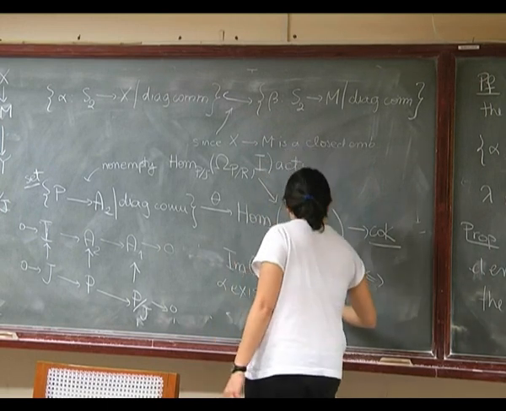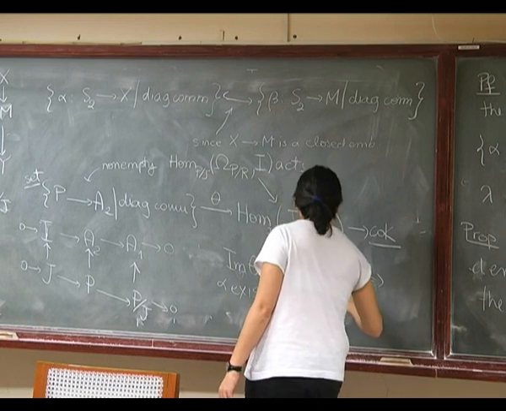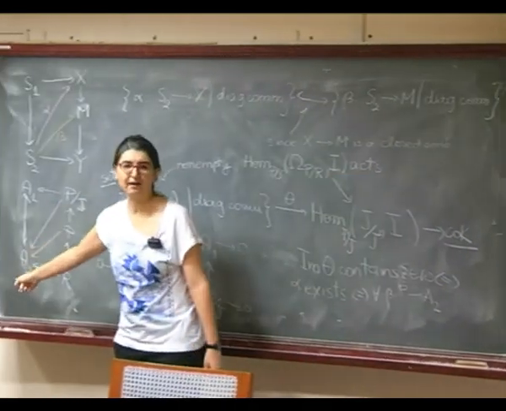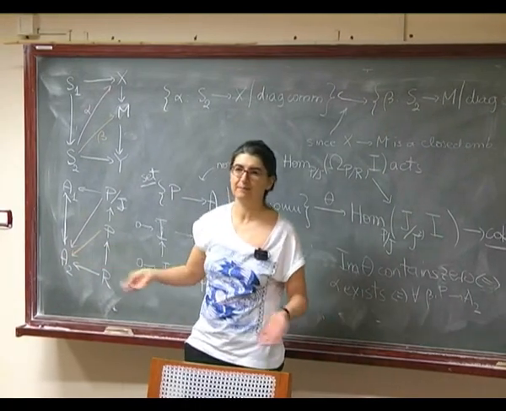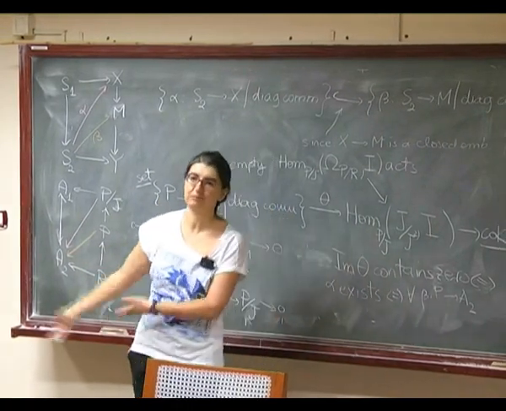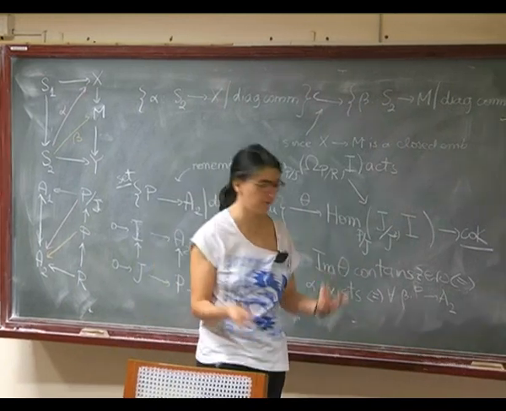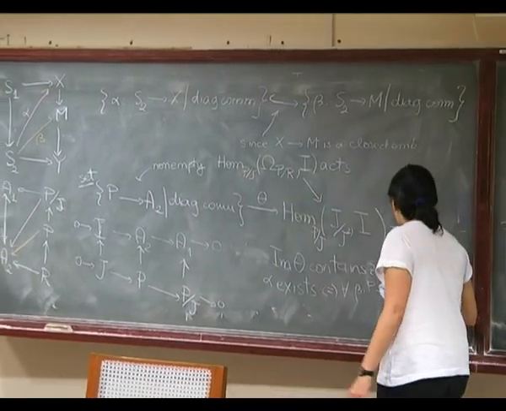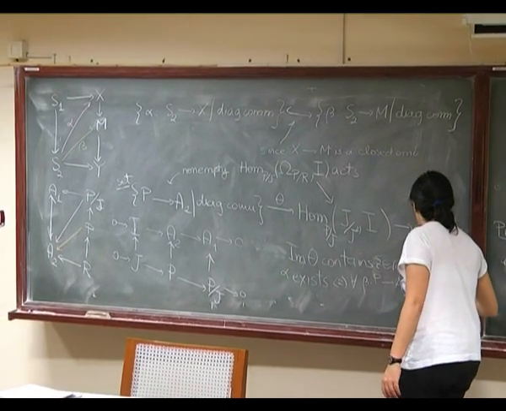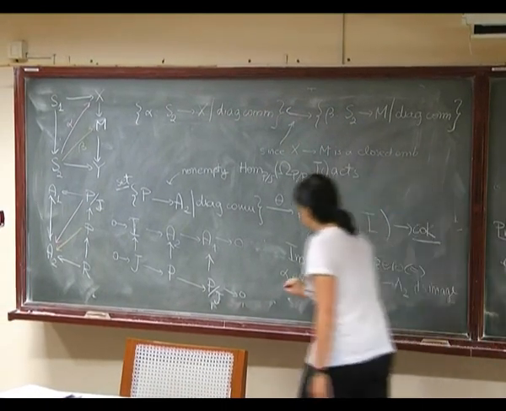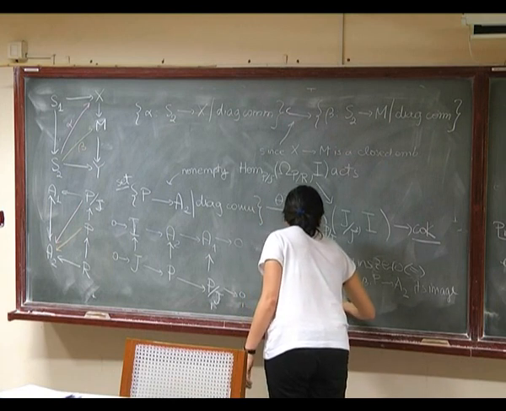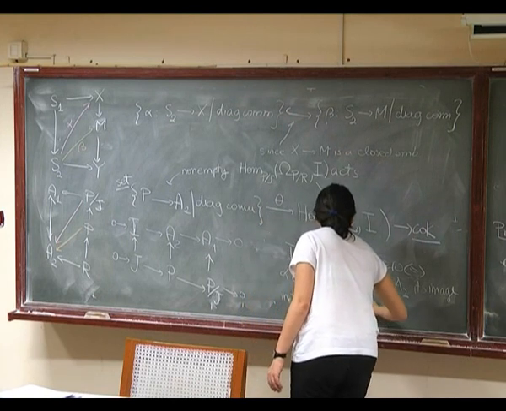and this is if and only if for any beta from P to A2. Of course, I should call it beta upper star, but I denote with the same letter a morphism of affine schemes and the corresponding morphism of algebras. For every beta, its image in the co-kernel is 0.